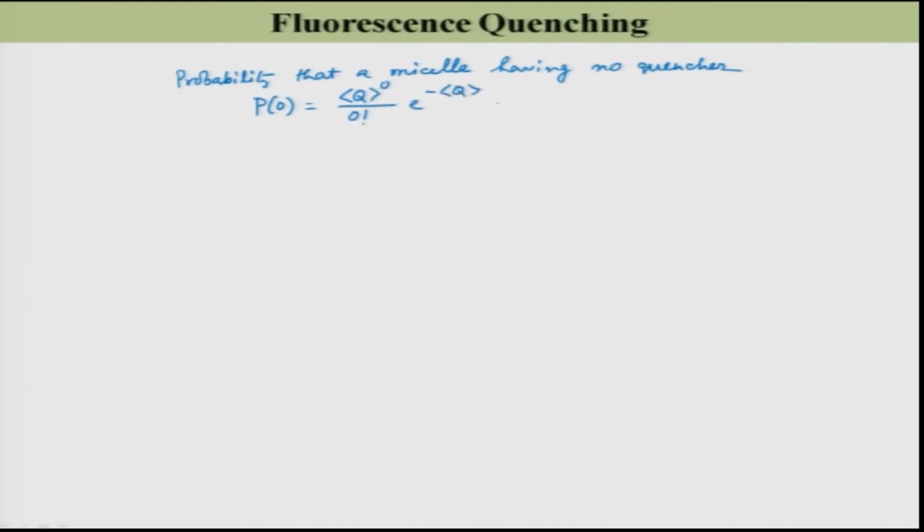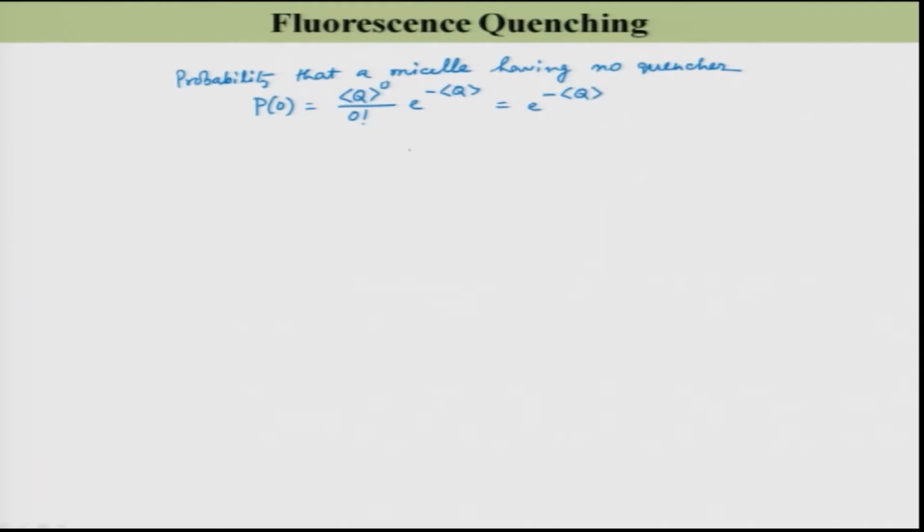So, then I can write the probability that a micelle has no quencher, that is simply P0, which is average Q to the power 0 by factorial 0, e to the power minus average Q, which is nothing but e to the power minus average Q, right.